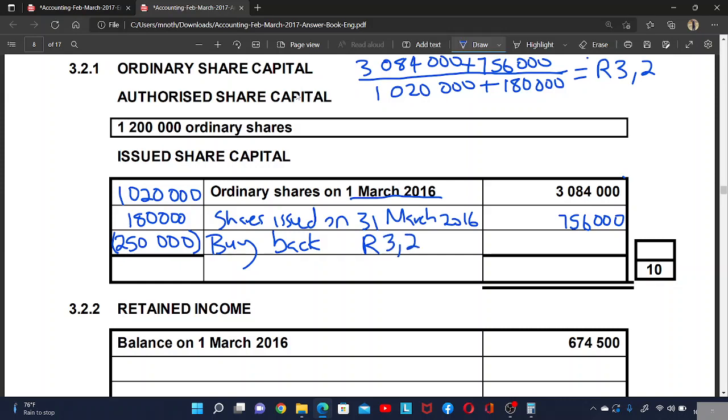So this is the amount that you're going to record on your ordinary share capital.